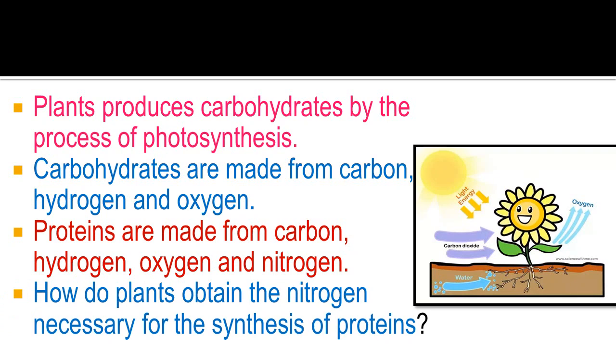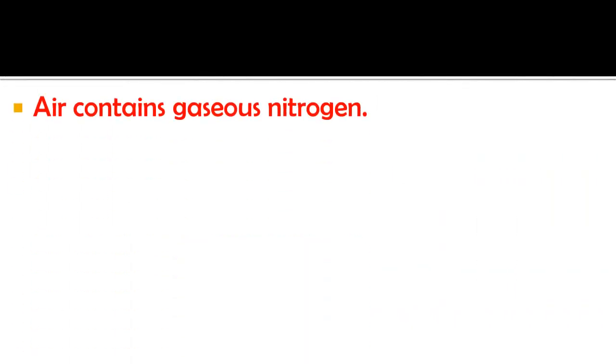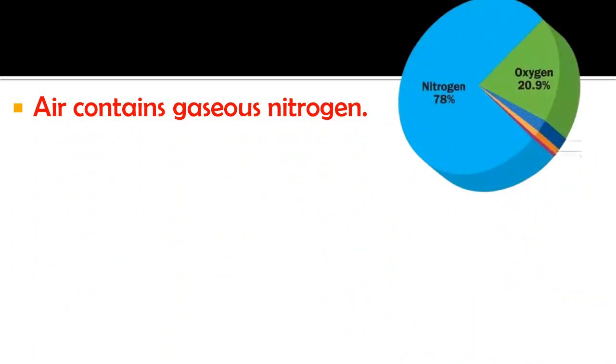So how do plants obtain the nitrogen necessary for the synthesis of proteins? Let's see. We know that air contains gaseous nitrogen. Air is a mixture of different gases like nitrogen, oxygen, argon and many more, but nitrogen has the maximum composition in the air.